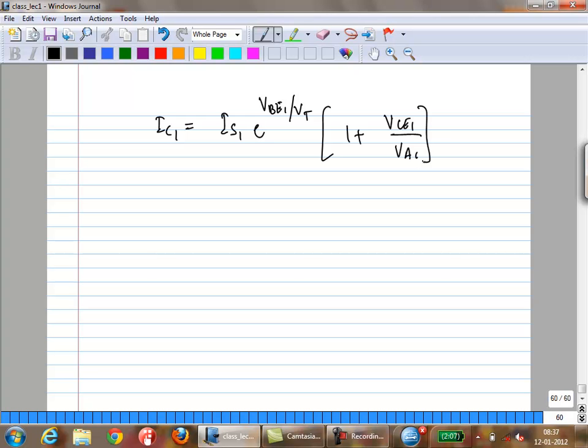Now the two Early voltages could also be slightly different, or we'll just assume it to be the same.